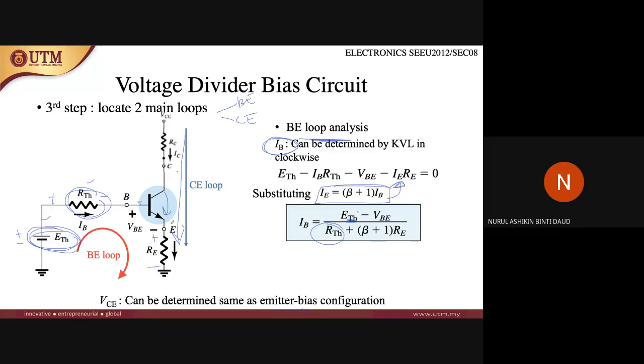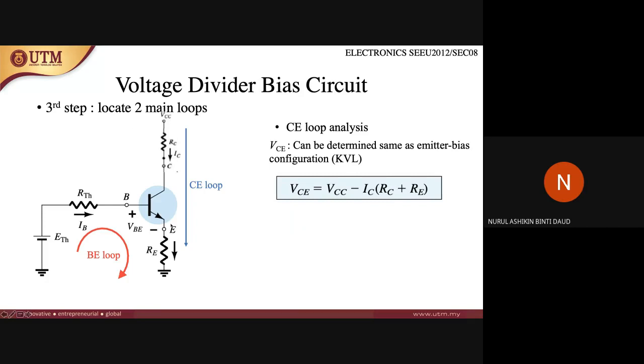Using KVL, you will get VCE. For VCE we are using VCC, not ETH. So VCC minus the value of IC RC plus IE RE. So this is the same as the emitter bias configuration. Only the BE loop has a little change.